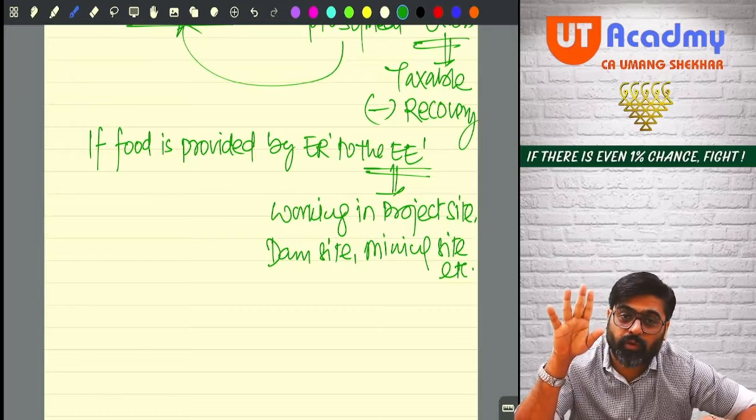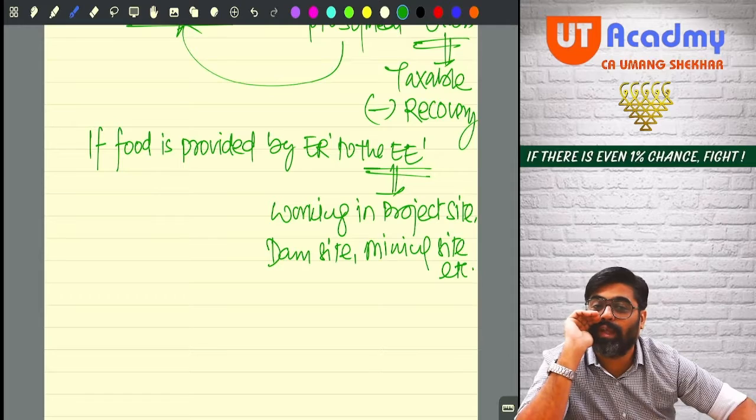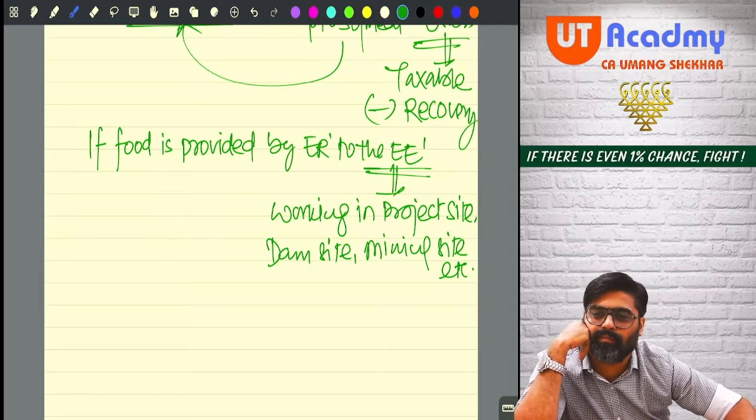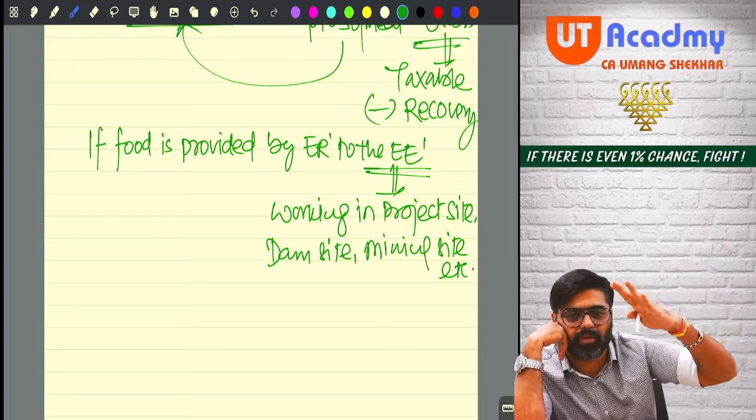And the cost of that food was 150 per meal, it is fully exempt. No need to do 50 exempt, no, no, no.